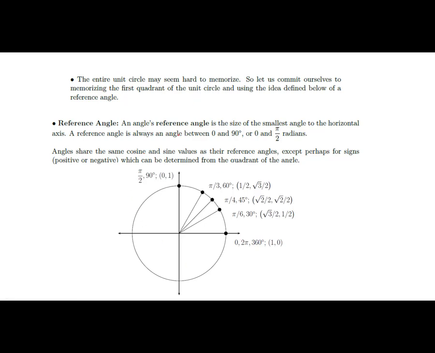So if you can find the reference angle for an angle that's been asked for, then that angle will always be in this little region here. So we'll commit these to memory, and then understand that if we have a reference angle, that reference angle's coordinates will be the same as the angle that was asked for, but it may be off by a negative sign in the x or the y.